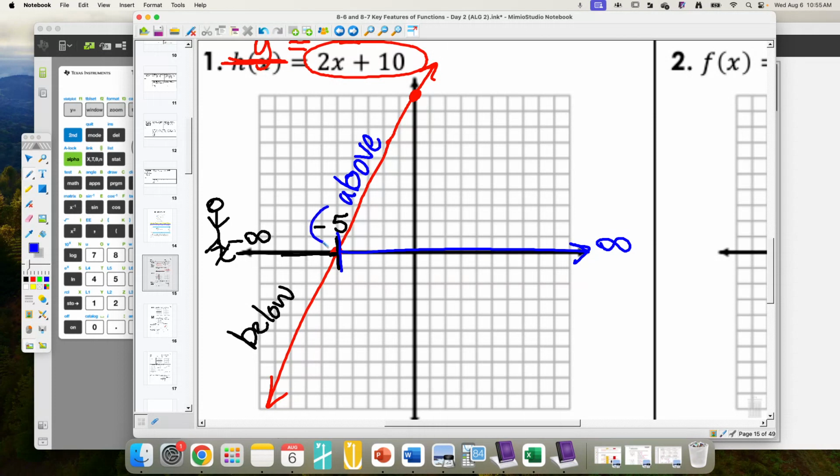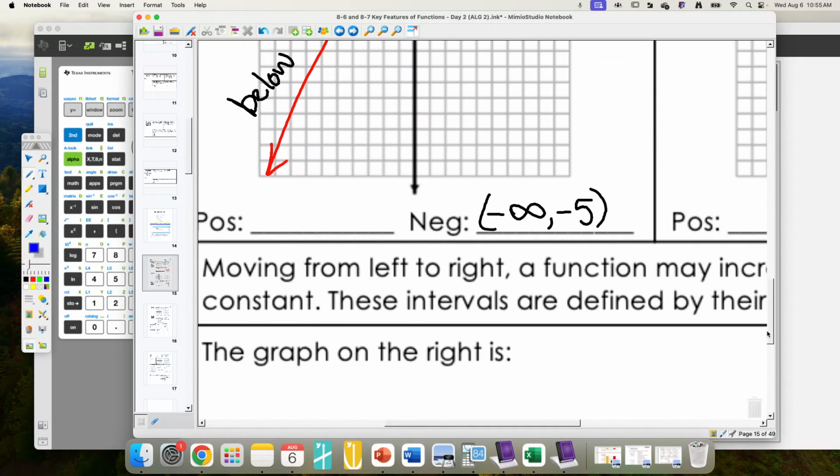So from -5 to +infinity, that's above, okay? Write that down on the first blank. Yes? Okay, not too bad?